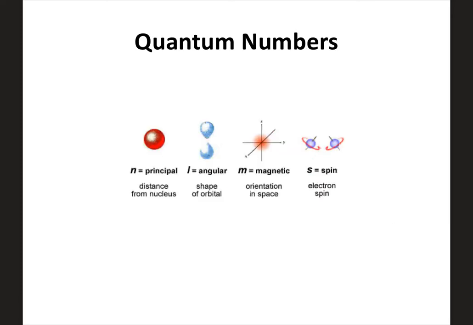Just a little review of the quantum numbers. The first quantum number was the principal quantum number. We use N to denote that. It's talking about the distance from the nucleus. It's your energy levels on your periodic table. The second quantum number is your azimuthal quantum number, L. It's talking about the shape. We use the sublevels to figure out the azimuthal quantum number.